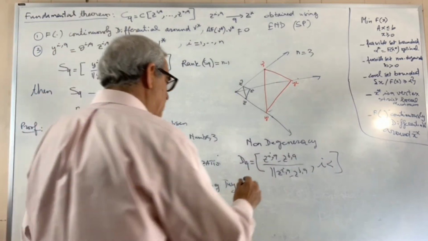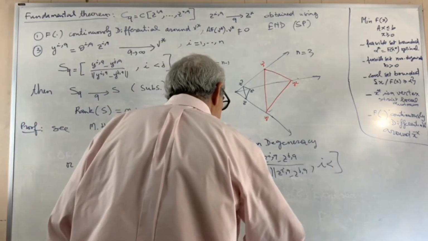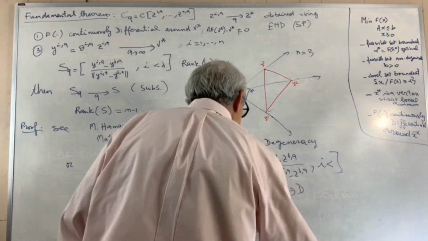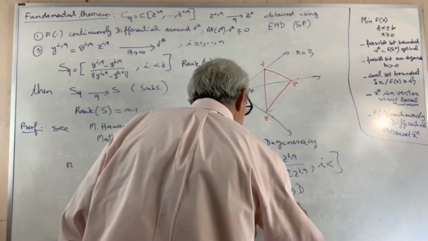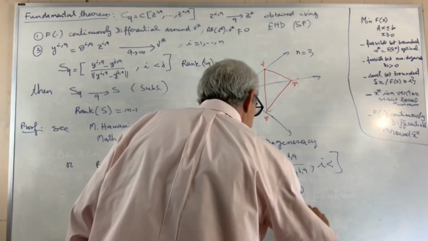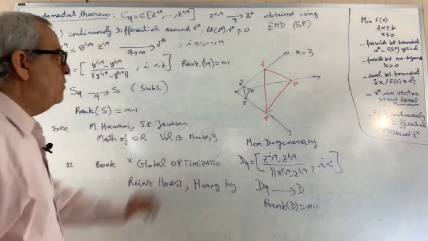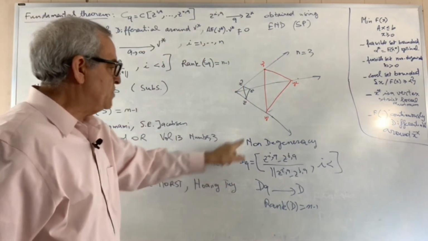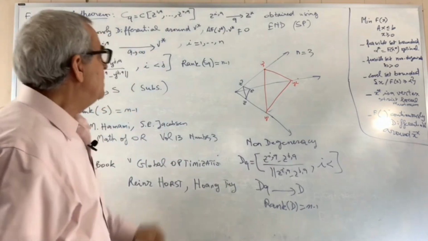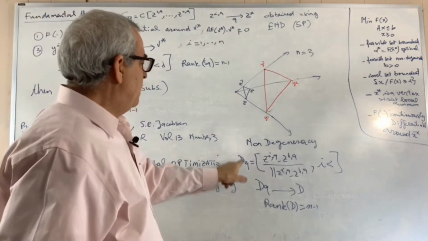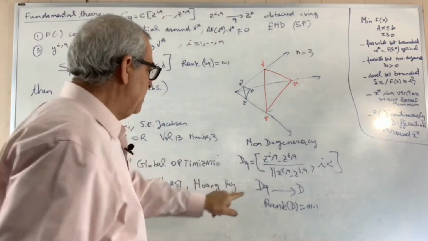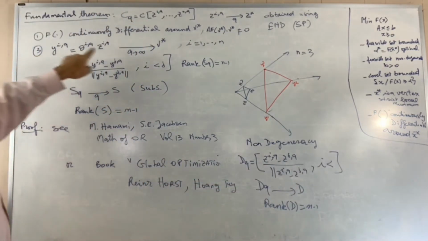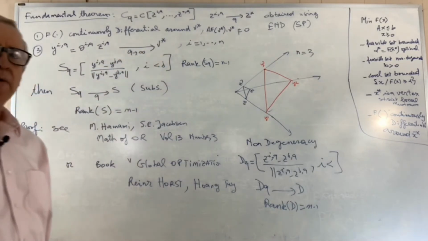Non-degeneracy says that D q converges to D, and the rank of D is equal to n minus 1. For the n minus 1 simplex defining the cone, the directions converge to a matrix of rank n minus 1. So this non-degeneracy property extends to the y vectors when all the vectors converge to v star.